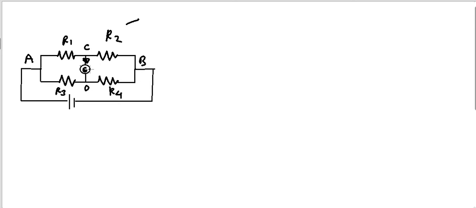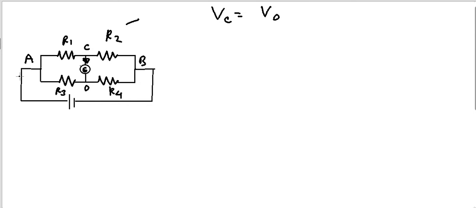Now if there is no current flowing across this galvanometer, that means the potential at C, Vc, will be equal to the potential at D. That is the condition where there is no current flowing through this galvanometer.